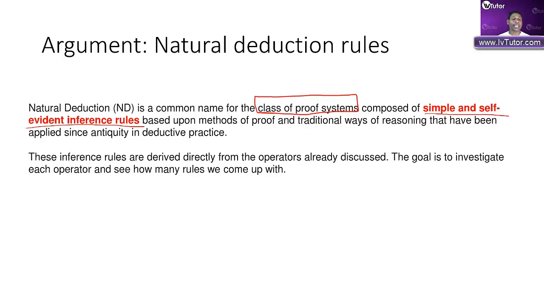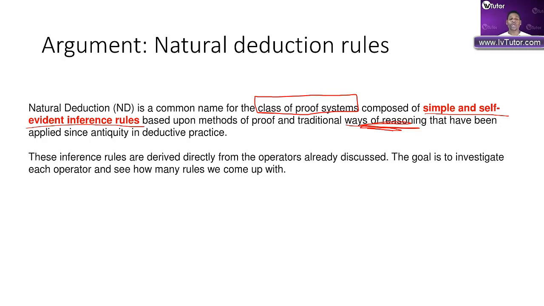They are based upon methods of proof and traditional ways of reasoning. We are already reasoning, so we have natural deduction rules that we've set up. One way of putting it is, people go on dates, and based on how it goes, one can deduce how to proceed further with the person.